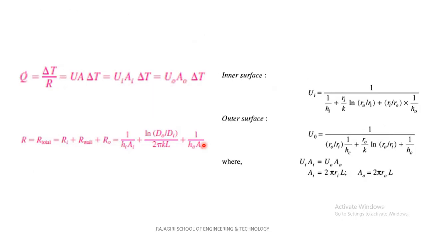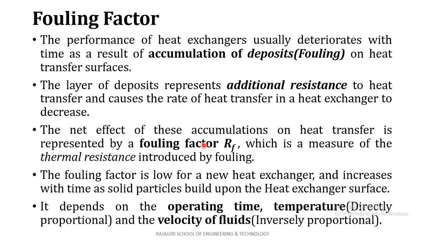So the next one is the fouling factor. Actually, if the heat exchanger is working for a long time, there is a chance for the accumulation of deposits on the heat transfer surfaces. This accumulation of deposits is called fouling.